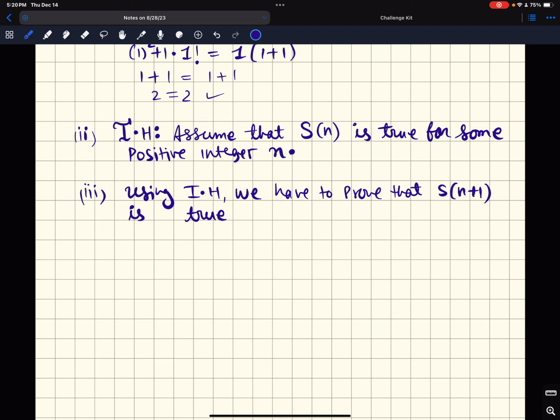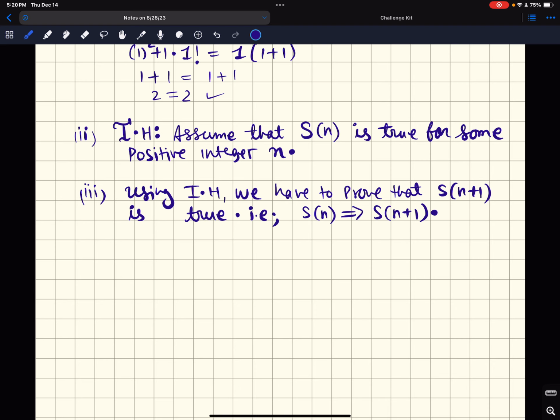That is, S of n implies S of n plus 1. All right, so how do we do that?